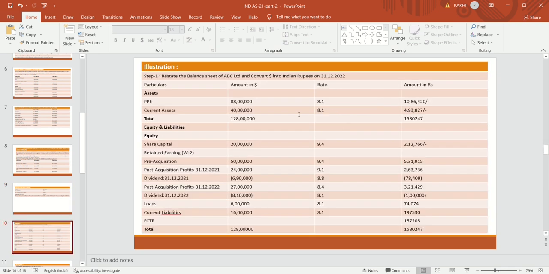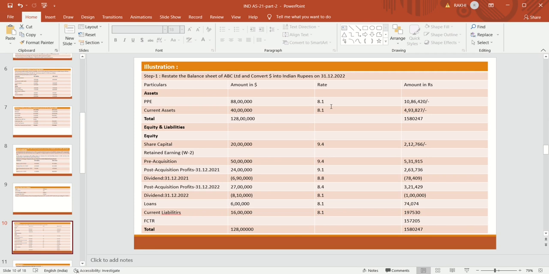So we will convert 88 lakhs divided by 8.1, because this is all in dollars and the rate is also in dollars. So we will not multiply, we will divide, to determine it in rupees. So PPE is 10,86,420.